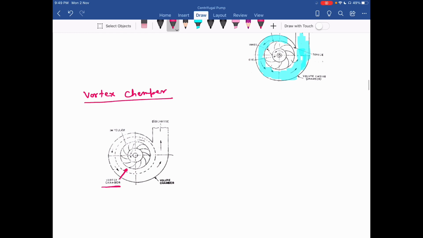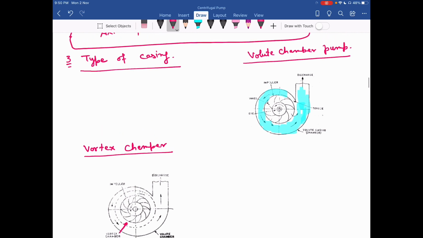This extra space provides a smooth change of direction of the water leaving the impeller. So this extra chamber increases the pressure energy as compared to the pressure energy available in a plain volute chamber pump.